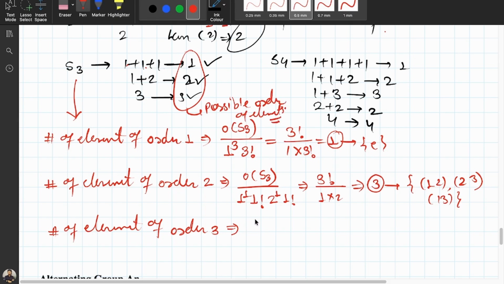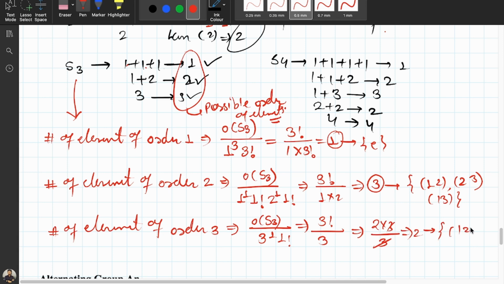Here it is the order of S3 divided by 3 power 1 and 1 factorial, that is 3 factorial upon 3, which is simply 2 into 3 divided by 3, meaning 2 elements. Those elements are (1 2 3) and (1 3 2). These are the 2 elements that have order 3. In this way you can find the order of elements in a symmetric group.